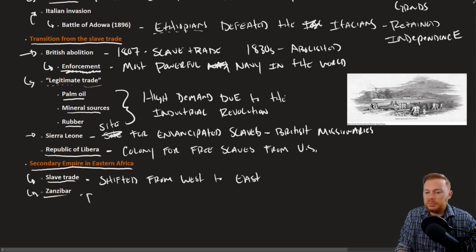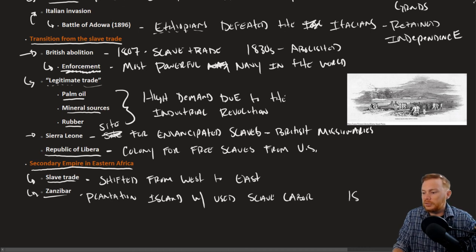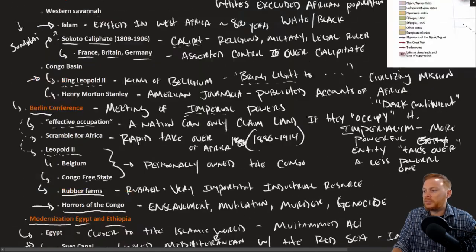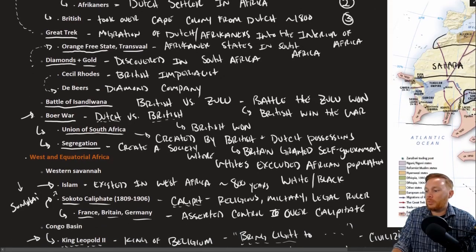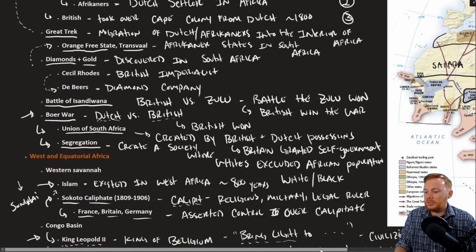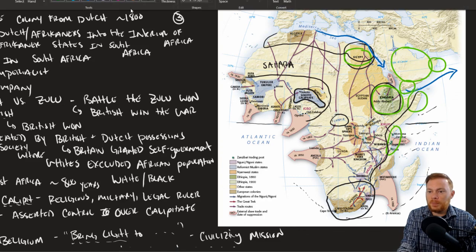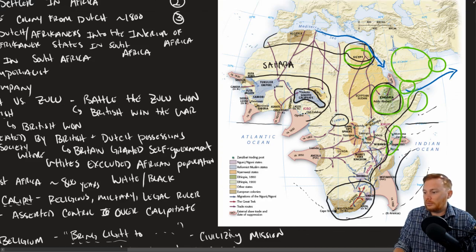Zanzibar was a plantation island which used slave labor. Slavery wasn't abolished in Zanzibar until the 1870s-ish. That would have been about the same time that it was being eliminated in parts of the Western Hemisphere, places like the United States, Brazil, Cuba. This is Zanzibar. Let me use a different color here. This is Zanzibar right here, right? This island right here.